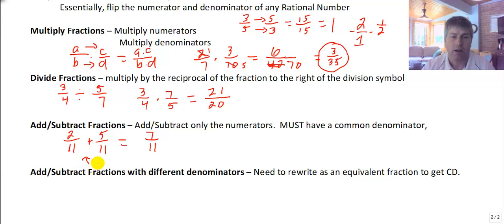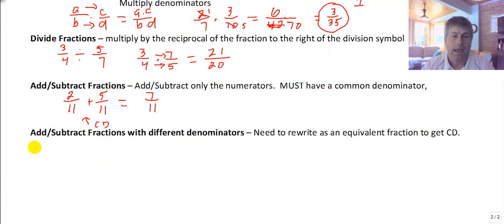So we have our common denominator here. So we leave the denominator alone. Different than multiplying or dividing, where we multiply here, but we don't add these denominators. So we get 7/11.